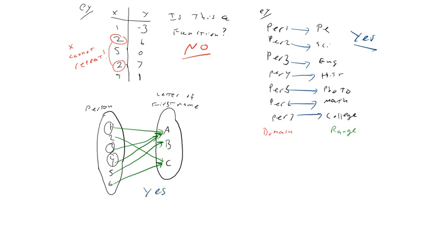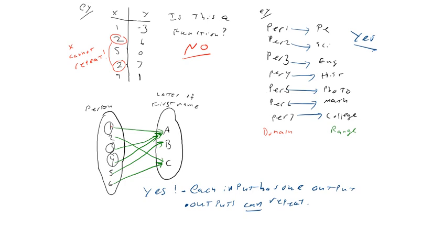Each input has one output. Outputs can repeat. We do not care. They could all go to the same thing. Doesn't matter, as long as our inputs only go one time, right?